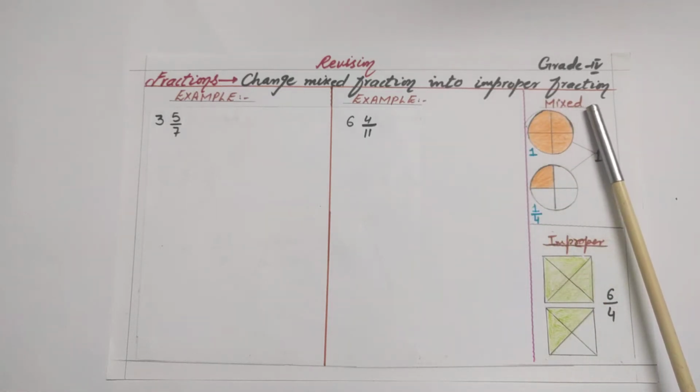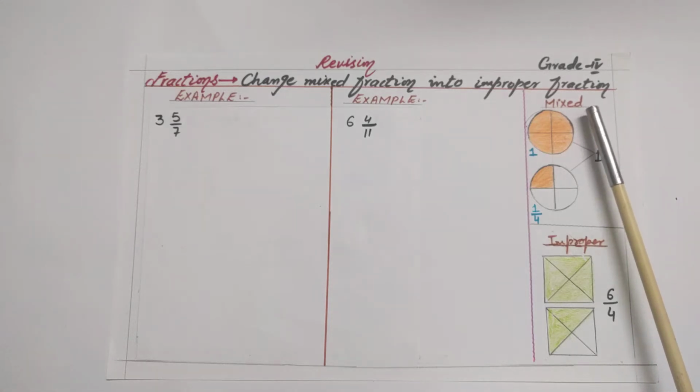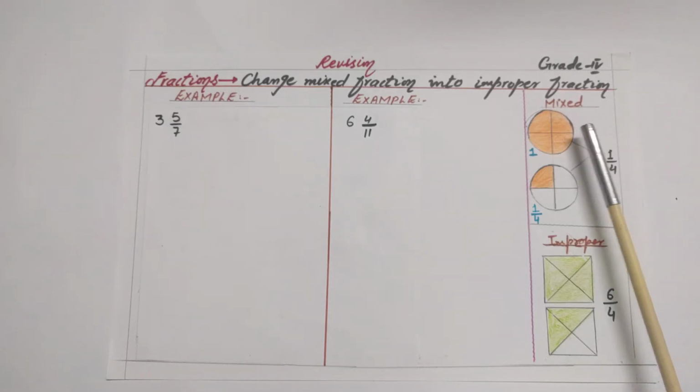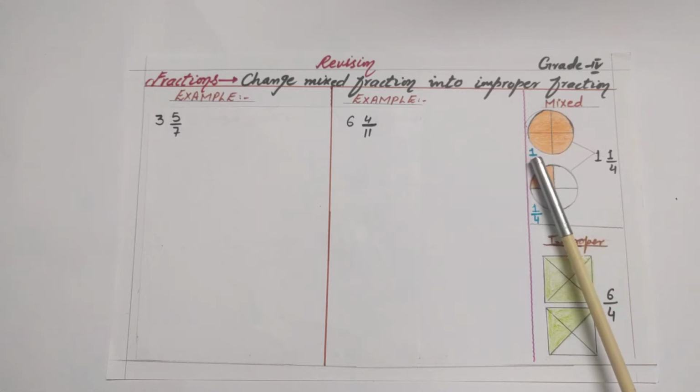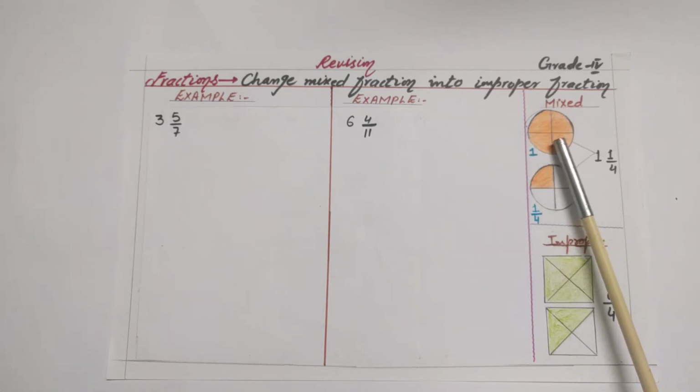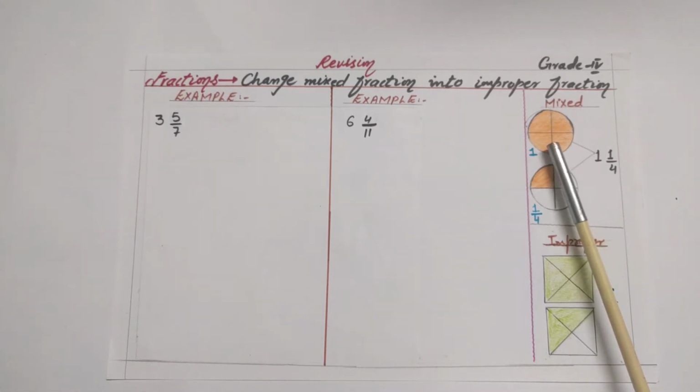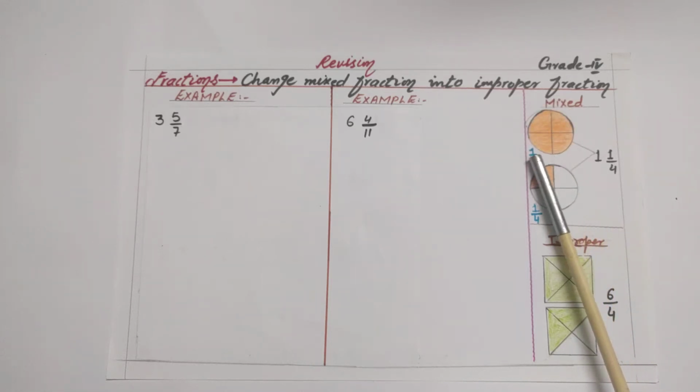What is a mixed fraction? A mixed fraction is actually made up of a whole and a proper fraction. This first circle represents the whole because all the parts are shaded. This circle is divided into four equal parts and all four parts are used, so this circle will be written as one whole.